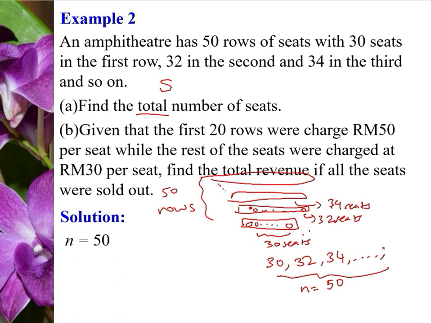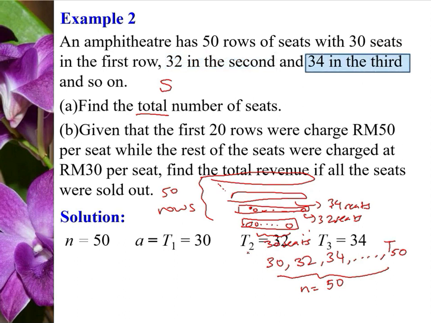But do we know the number of seats for the last row? We don't know yet. So this is just T50. So what does it mean with the 30 seats in the first row? This would be the value of the first term, which is a. And then how to find the common difference? Since we know that the second term is 32, third term is 34, we can simply find the d.